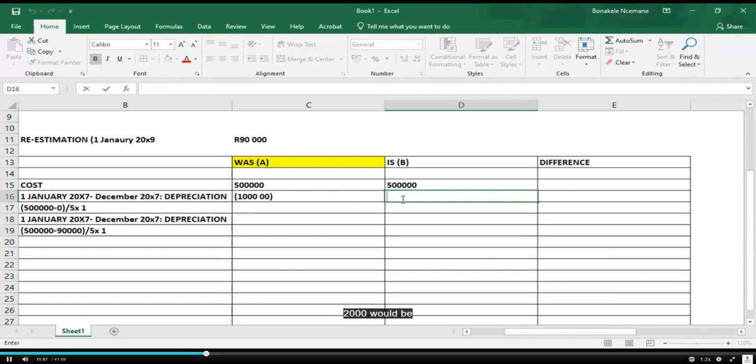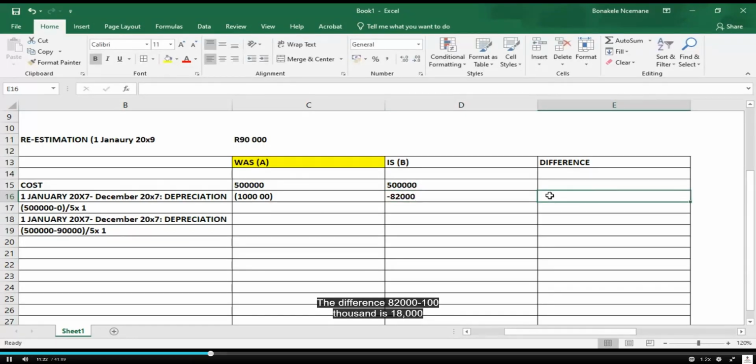So 82,000 would be our depreciation for this period, and the difference between 82,000 and 100,000 is 18,000.